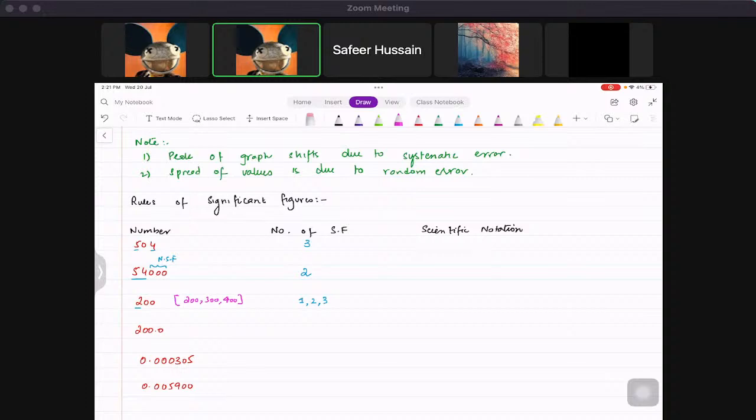But if it is 210, then 220, then 230, now it is 2 significant figures because the 0 here does matter. And if it is 200 and then 201, 202, then this is 3 significant figures. So it depends what kind of data is given. Is it clear, everybody?